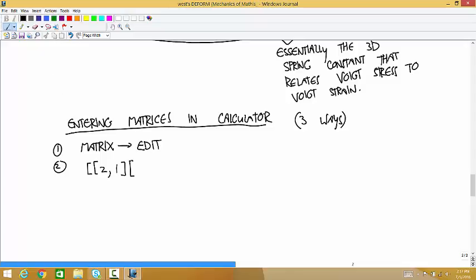Then a second open bracket, -2 comma 4, close. Then open bracket 0 comma 6. That gives you the matrix 2, 1, -2, 4, 0, 6.